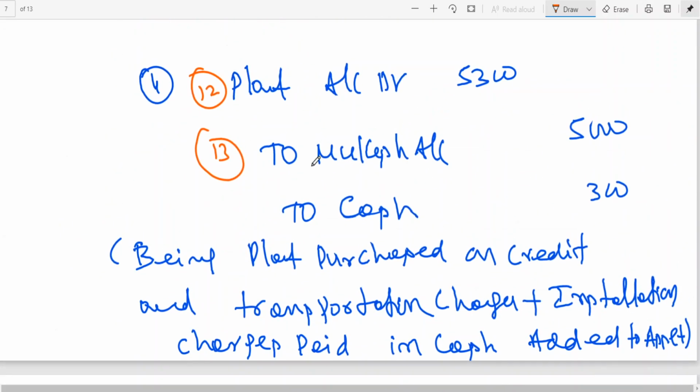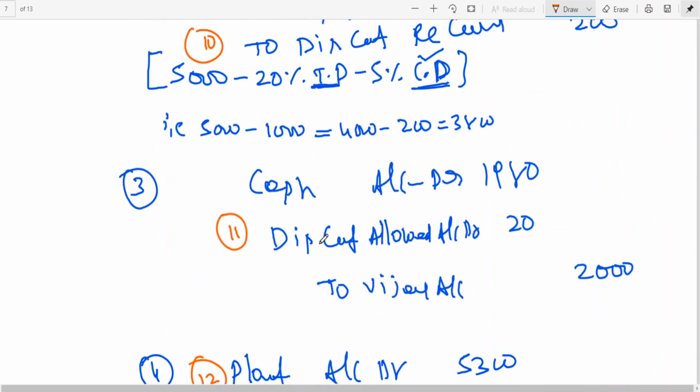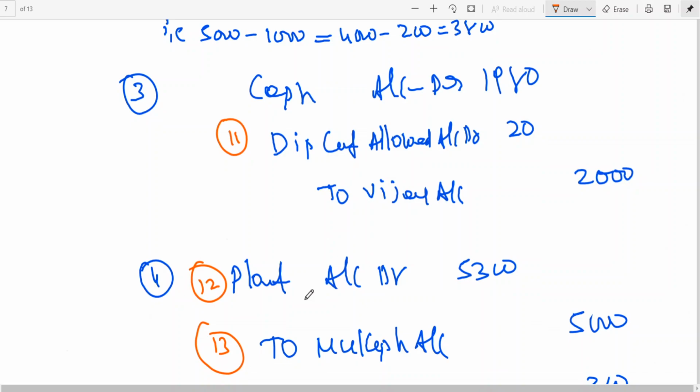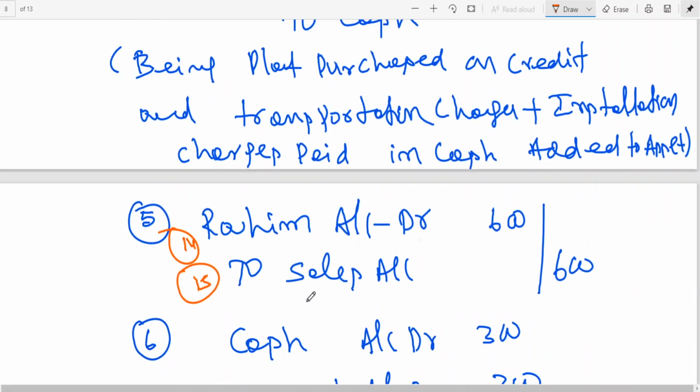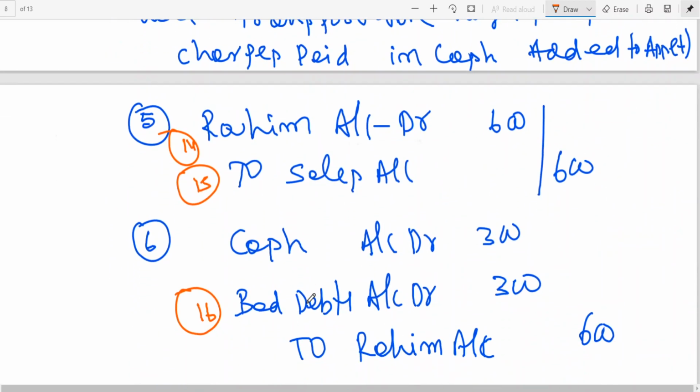Thirteenth account, discount allowed, plant, Mukesh, Rahim, sales.